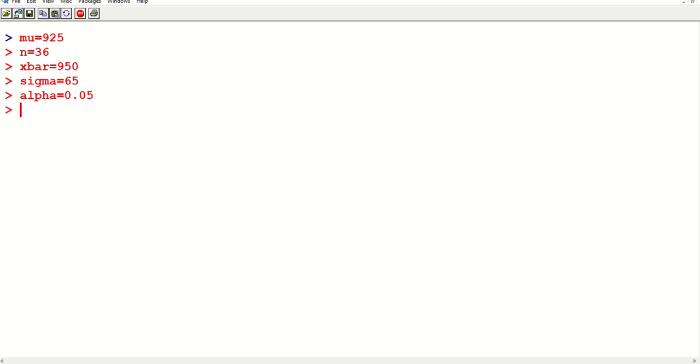These are the values, and for this we need to check whether the null hypothesis is accepted or rejected. My dear friends, here using hash we can write comments. It is a greater problem, so it is a one tail test.